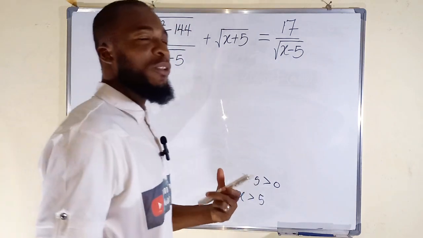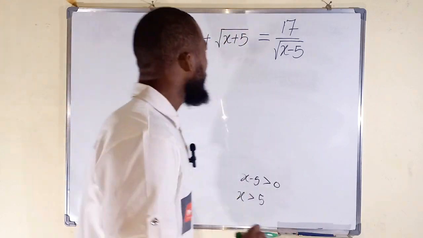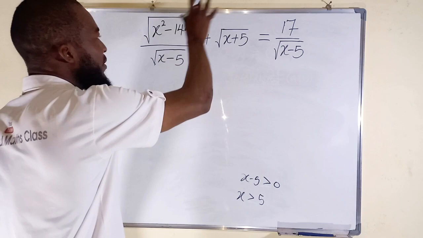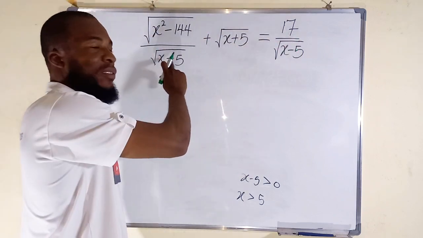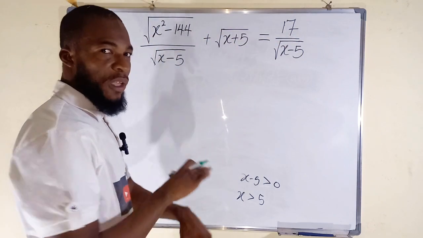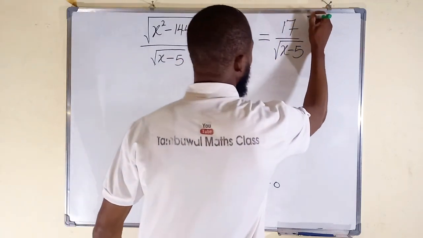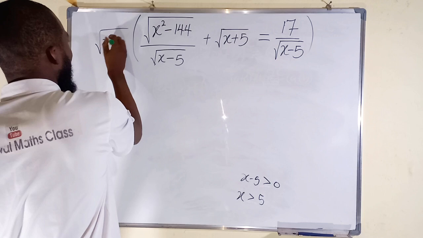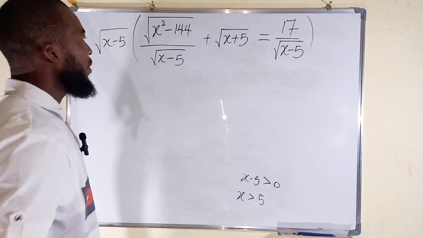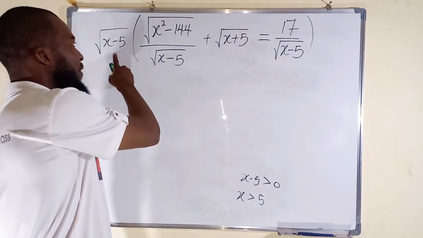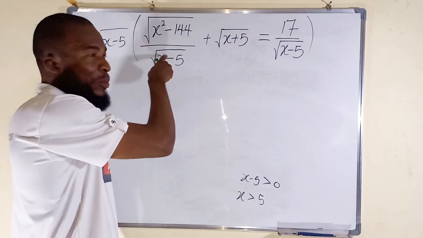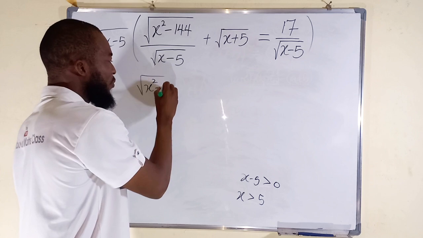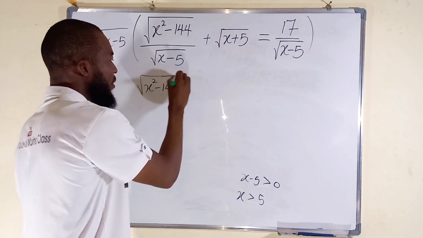I'm going to use my calculator in case of larger numbers. First of all, I would like to multiply every single term by the square root of x minus 5 in order to clear the fraction. This will eliminate the denominator, leaving the square root of x squared minus 144.